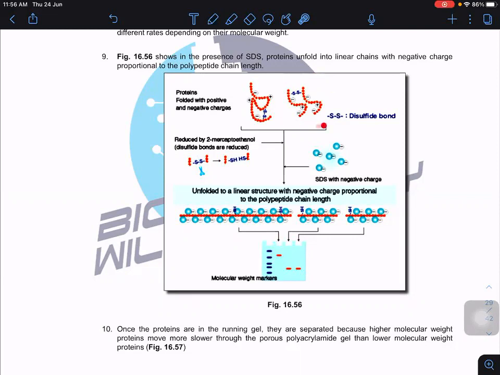But for protein number 2, SDS also coats it and linearizes it. But because of the presence of methyl ethanol that breaks the disulfide bond, I'm going to have two bands, and these two are smaller, almost the same size. So that's why they appear somewhere here, further away from the loading well.